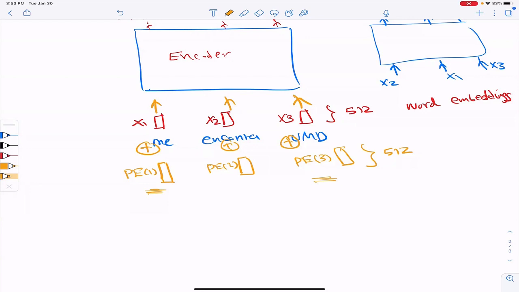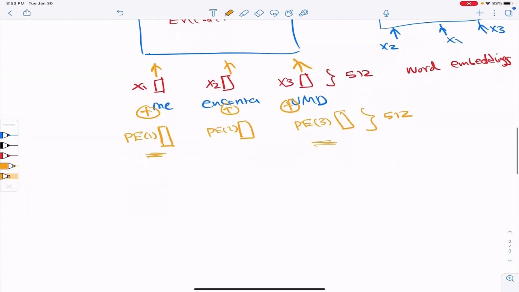Okay? So in the paper, they originally used this particular function for a particular position. For the even coordinates, like let's say coordinate 2i, they use a sine function, the position divided by 10,000 to the power 2i over the size of the embeddings, which is 512.